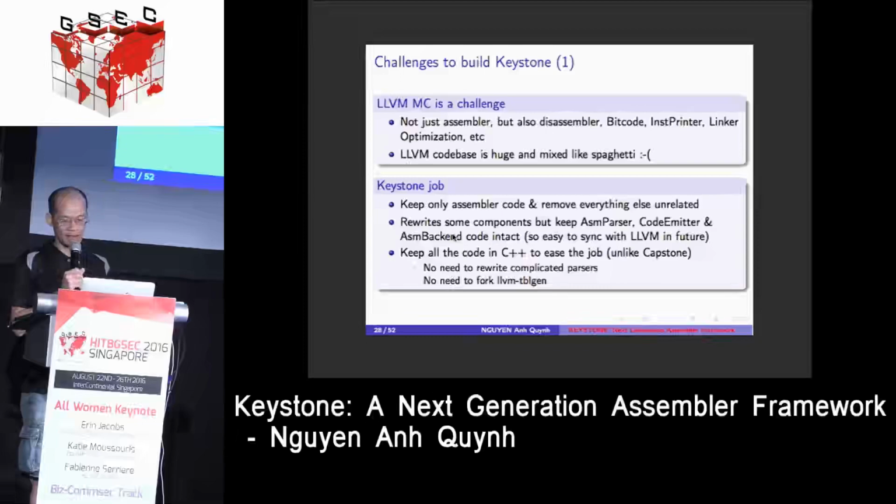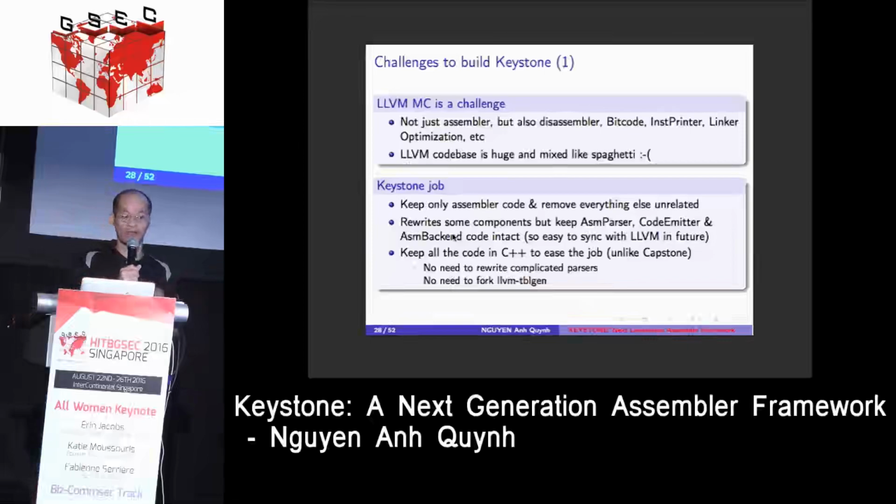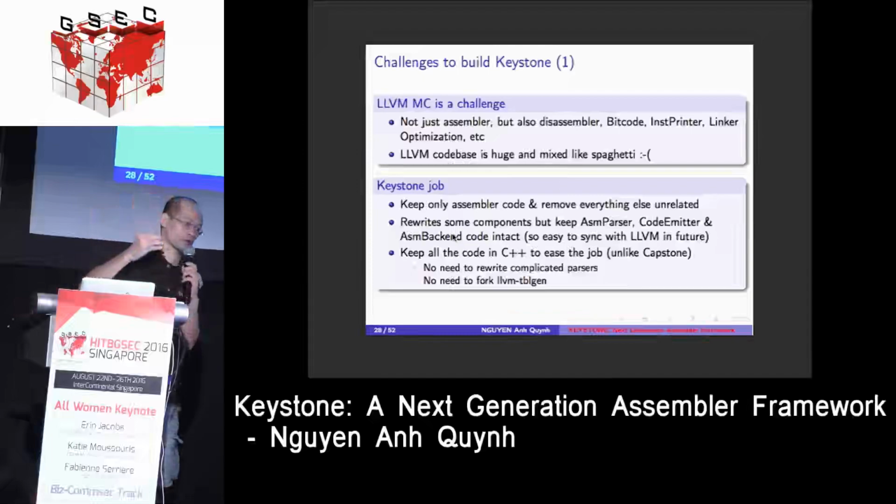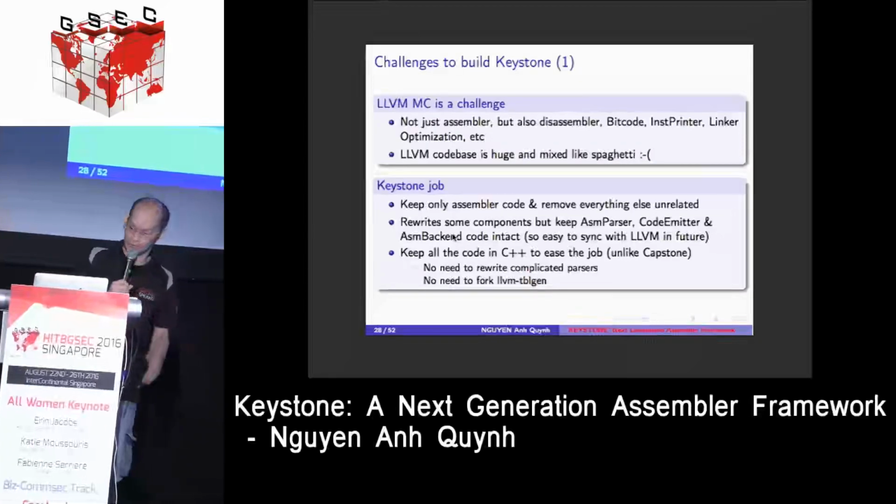So I took a lot of time to read the MC source code, and I decided to keep only the assembler code and remove everything else which I do not really need, and I rewrote some components inside MC, but I kept the parser, the code emitter, and the linker intact. The reason is that in the future, when LLVM updates those components, I can easily catch up and follow them. But for the less updated, less used components, I can rewrite them.